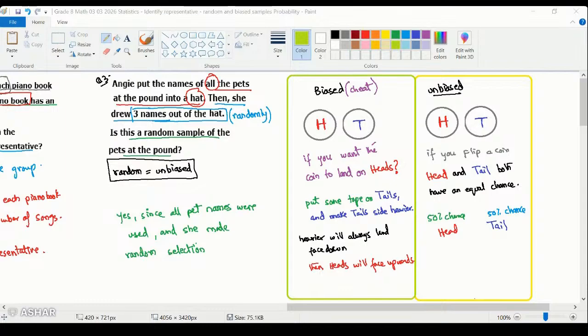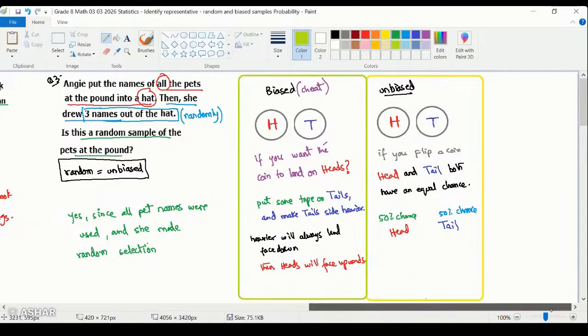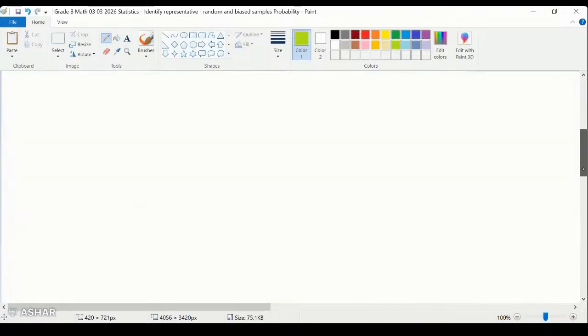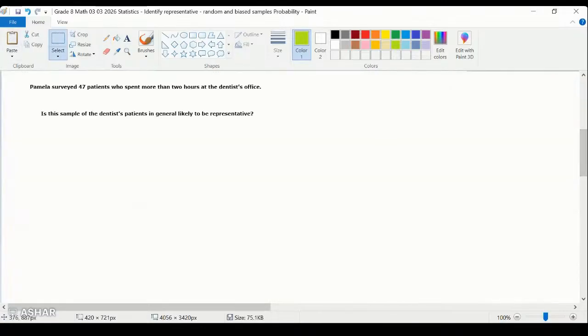The question says, Pamela surveyed 47 patients who spent more than 2 hours at a dentist. Let's suppose this is our question number 4.